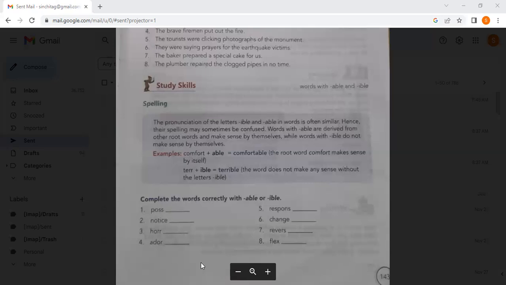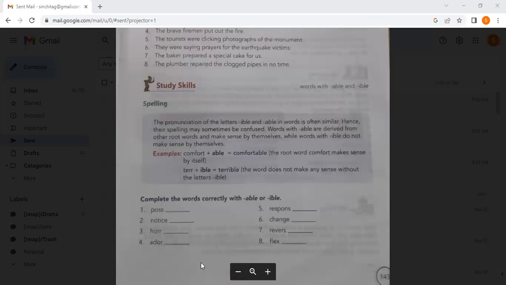Number 5. Responsible. What is the spelling? Response plus able. Very good. Number 6. Response plus ible. No, it's not able. First tell me. Responsible. Response plus ible. Very good. It will be ible.